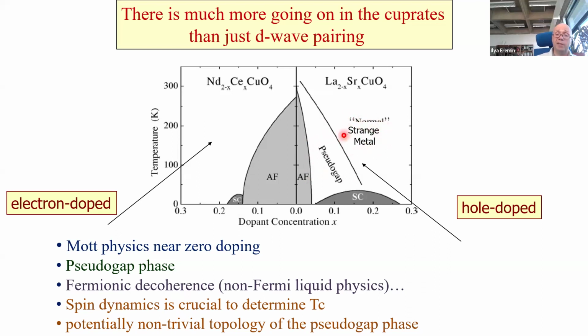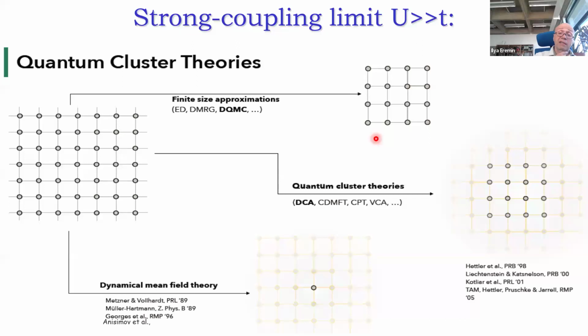Are they really quasiparticles? Those are all questions that are still discussed in this context. Nevertheless, as I said, the surprising fact is that the dx² minus y² symmetry is, let's say, unambiguous.